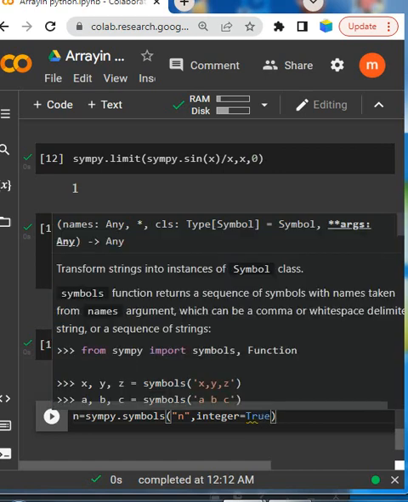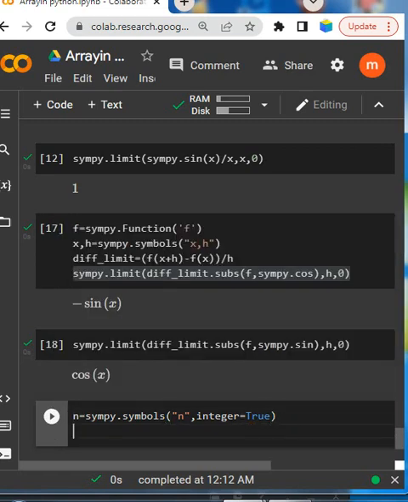Okay, and the second variable, x, will equal sympy.Sum, because sum.